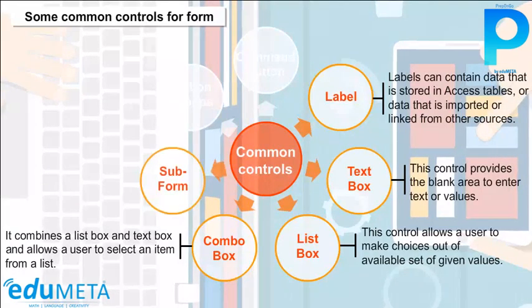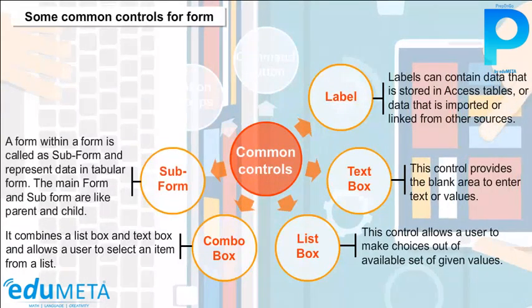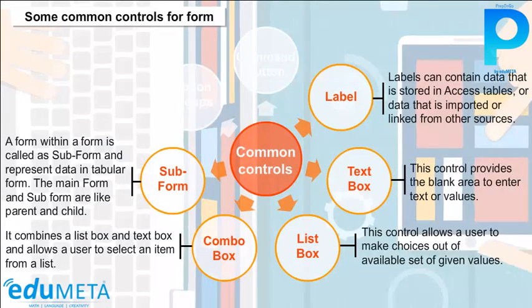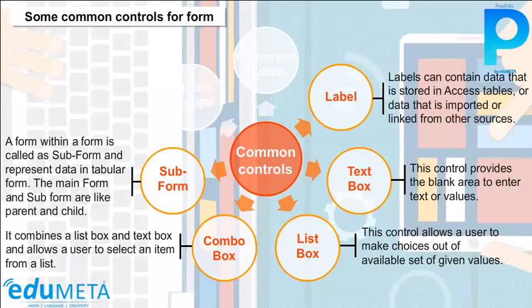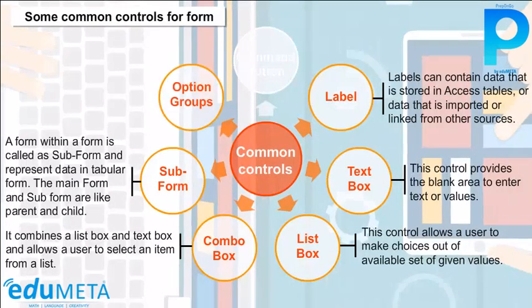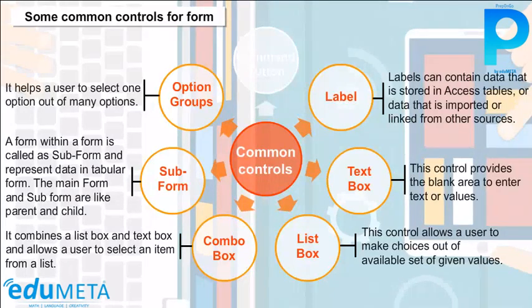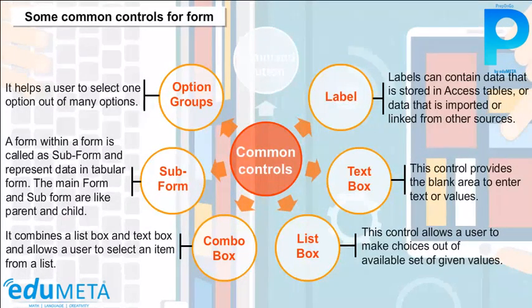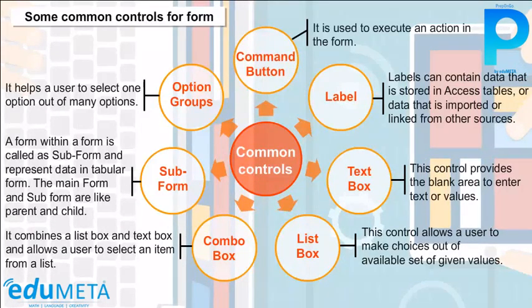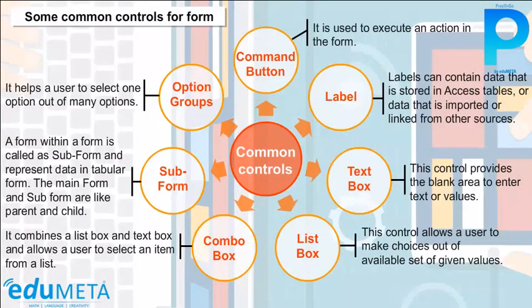Subform. A form within a form is called a subform and represents data in tabular form. The main form and subform are like parent and child. Option groups. It helps a user to select one option out of many options. Command button. It is used to execute an action in the form.